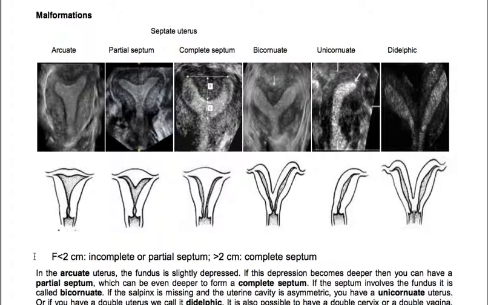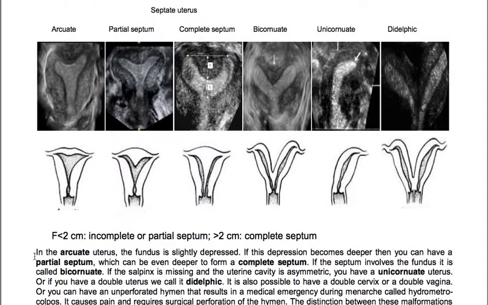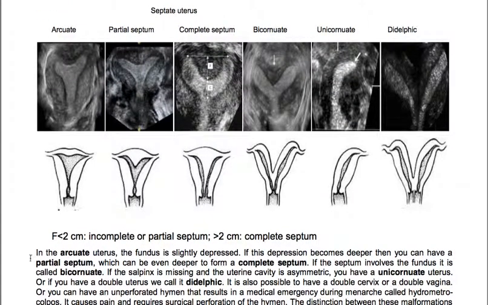If this depression becomes deeper, you can have a partial septum, which can be even deeper to form a complete septum. In case of an incomplete or partial septum, it's less than 2 centimeters. If it's more than 2 centimeters, it's a complete septum.